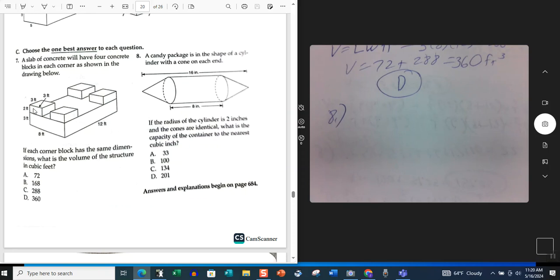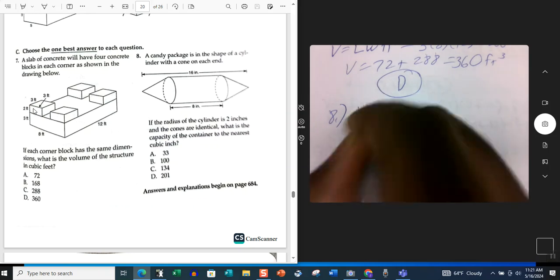So what we would need to do here, it looks as though this is still dealing with volume. But I believe, if I'm not mistaken, they have the volume of a cone on page 400.